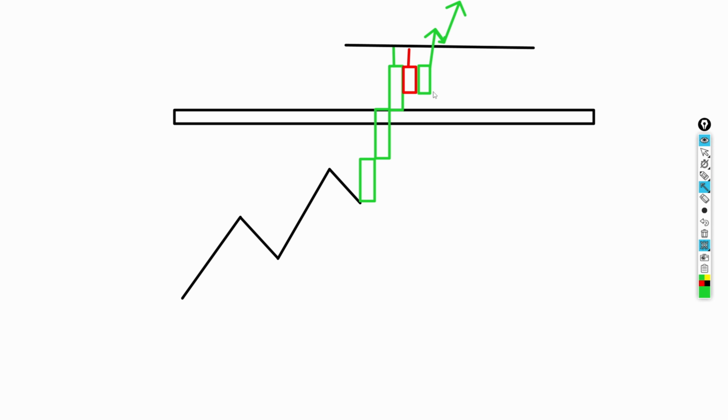Now, there are two ways you can enter a trade using this strategy. First one: you will wait for the price to go up. Once the price goes above this recent resistance, you will then see what the price is doing.